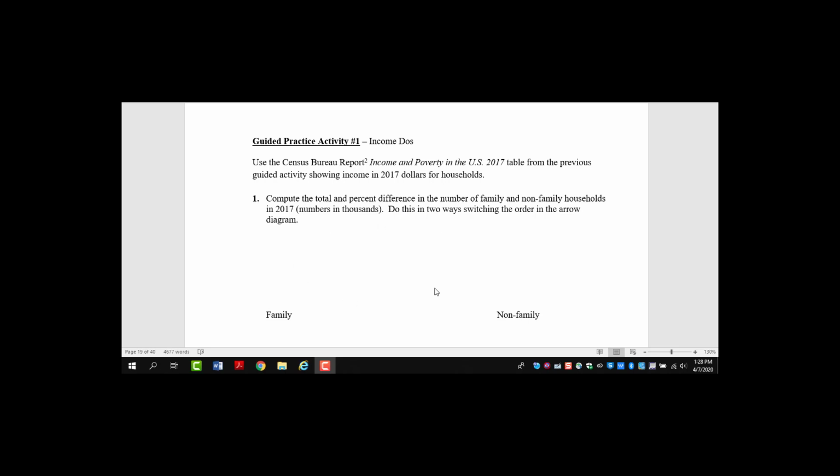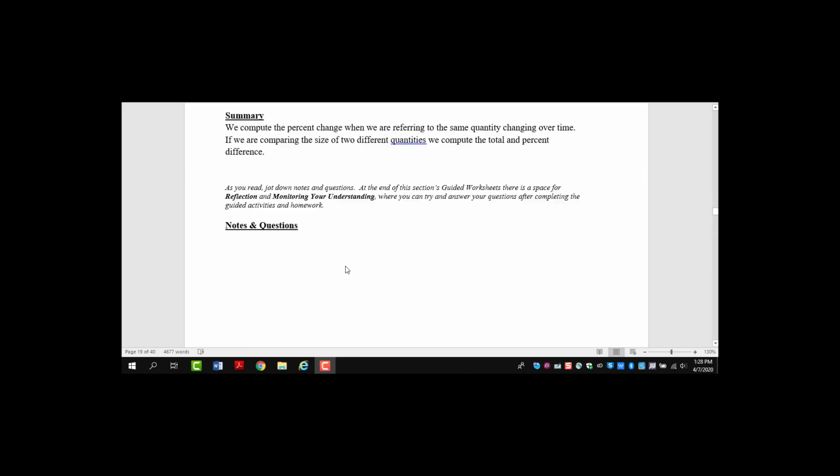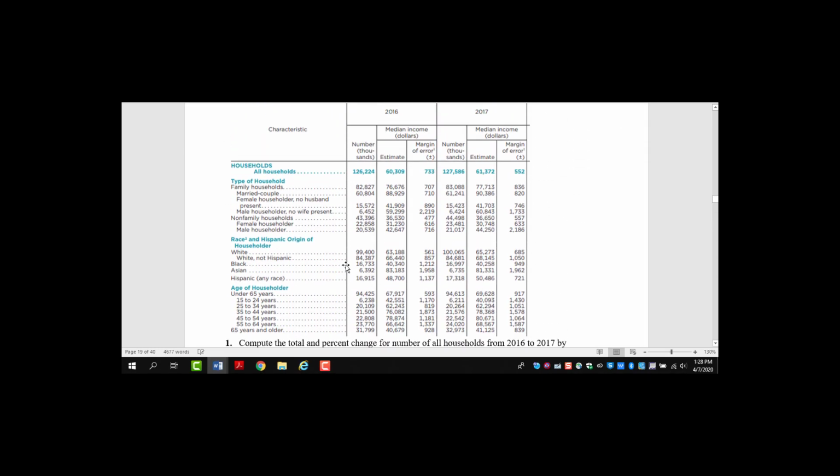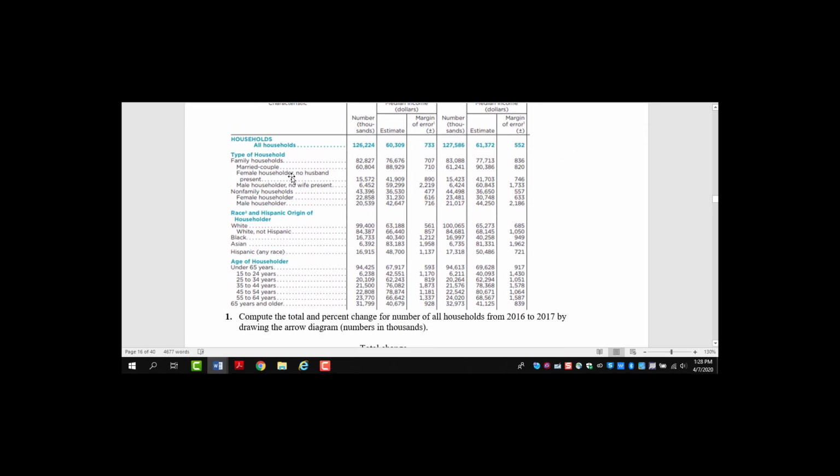So I'm going to create an arrow diagram. I'm going to switch the order. First, I'm going to do family to non-family, and then non-family to family. So I'm going to get the numbers from up here. There's family households and non-family households. So I'm going to grab these numbers and put them down there. So here I have the number of family households and non-family.